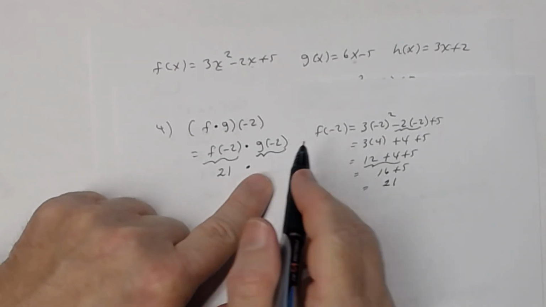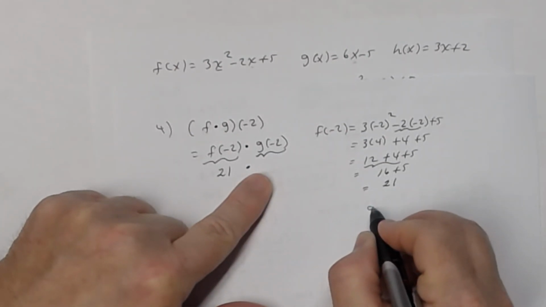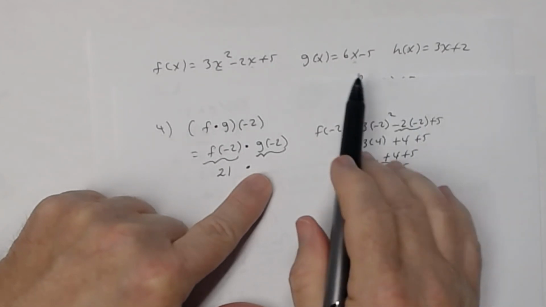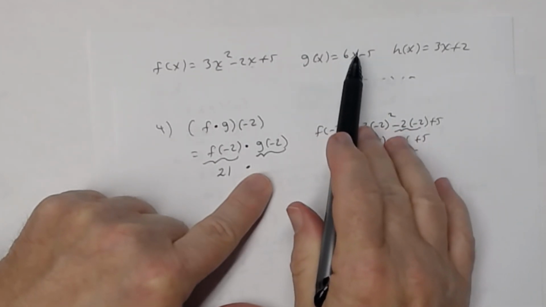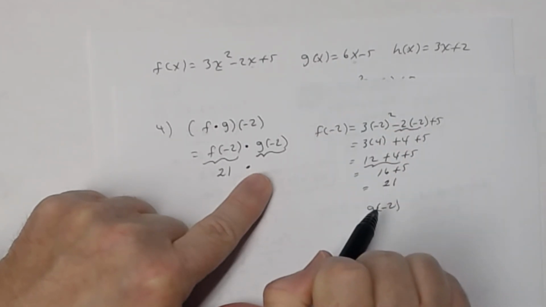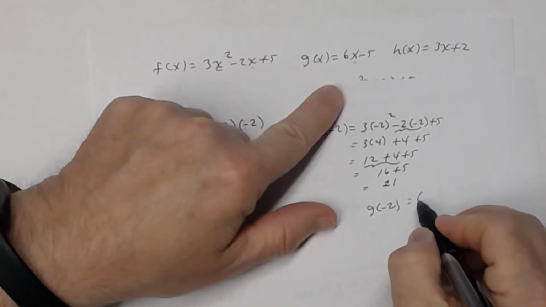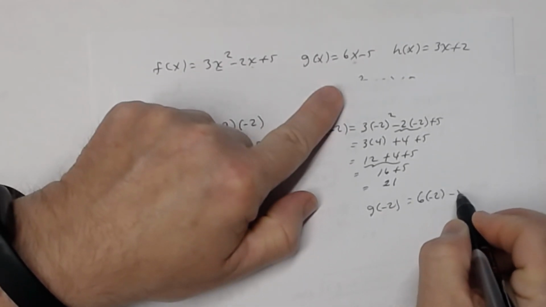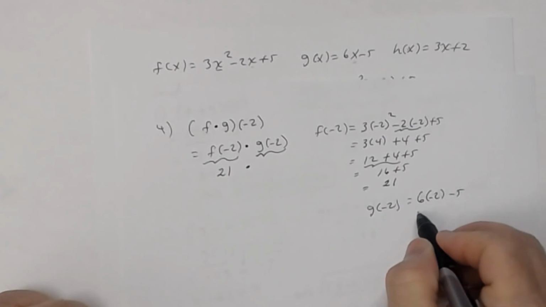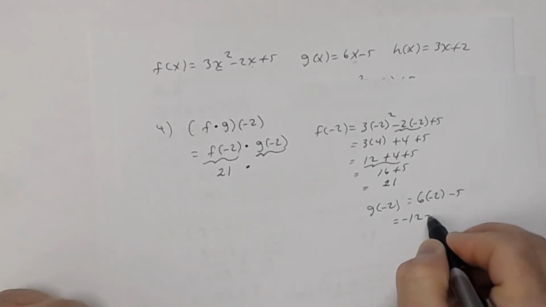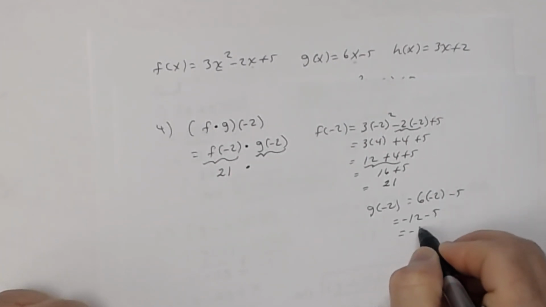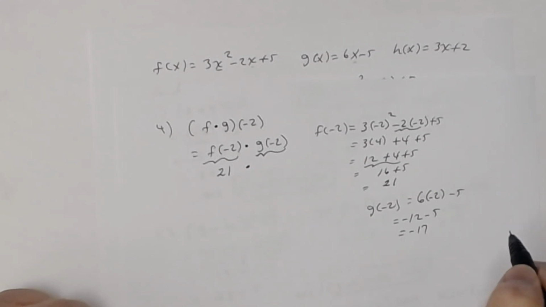Then you find g of negative 2. You go to your function g, and where we see the variable x, substitute negative 2. That's 6 times negative 2 minus 5. 6 times negative 2 is negative 12, and negative 12 and negative 5 is negative 17.